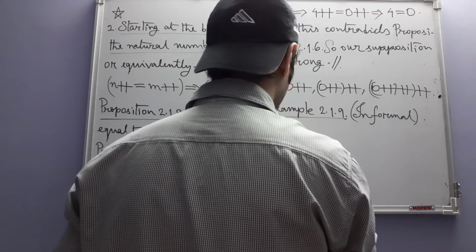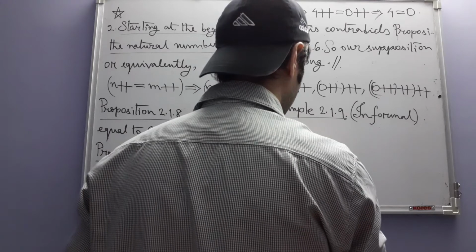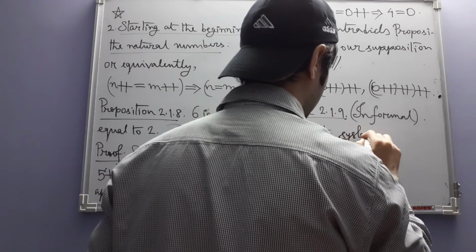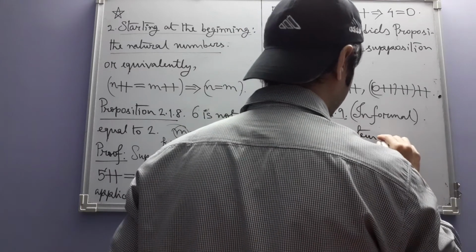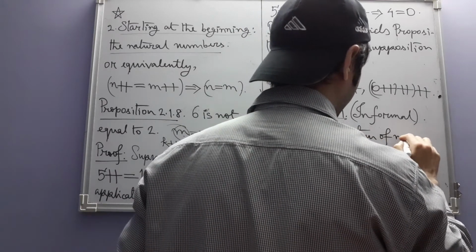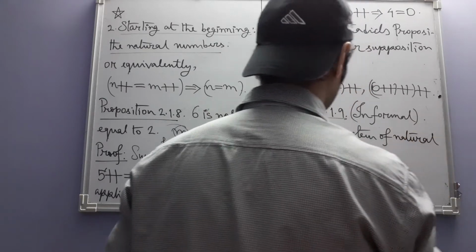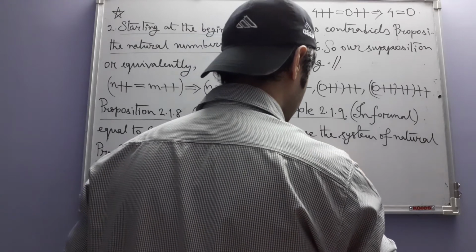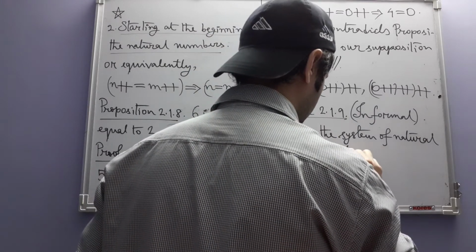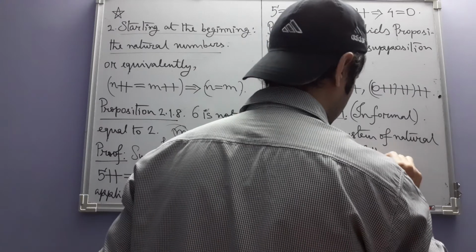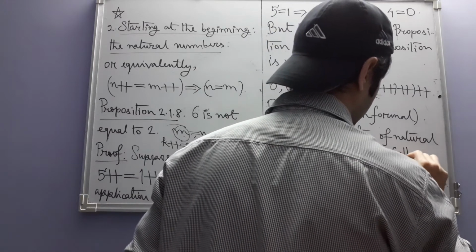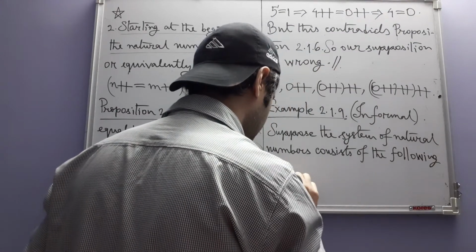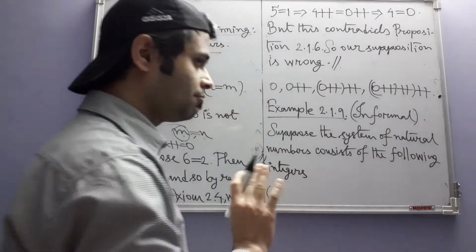Suppose the system of natural numbers consists of the following integers. We have not defined integers yet.